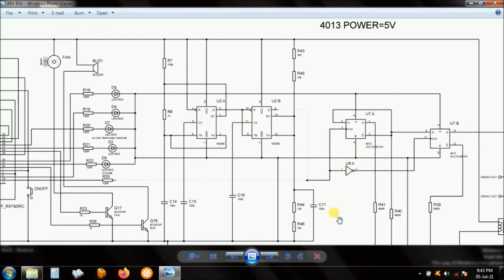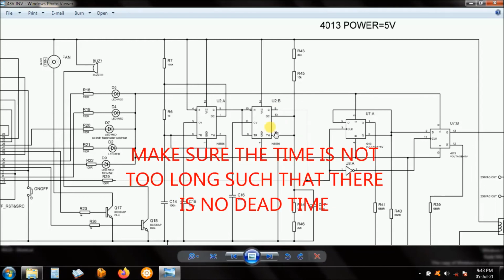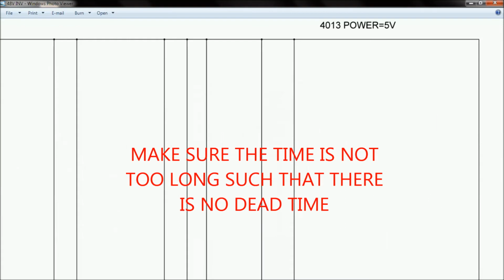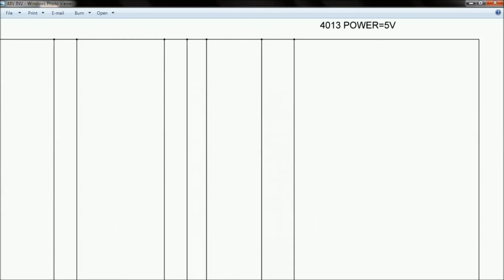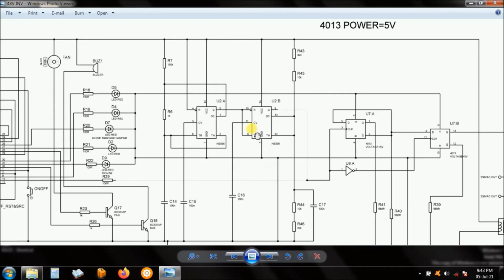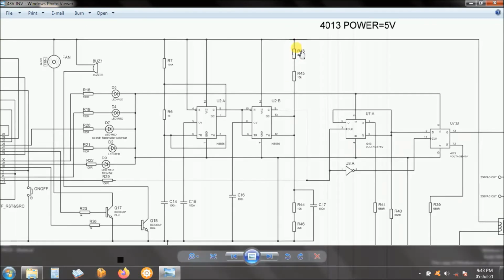But if this capacitor charges slowly, it may charge so slowly that the next pulse from the oscillator comes and resets it, or it charges to a point where the pulse is long enough that you have low pulses going into the 4013. Normally what you find on designs on the net is that pin number 13 and 12 are not connected to the supply rail.